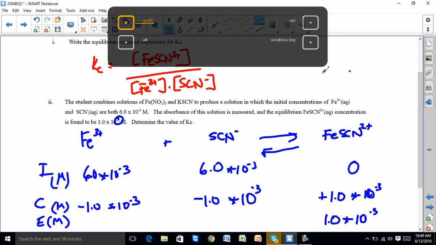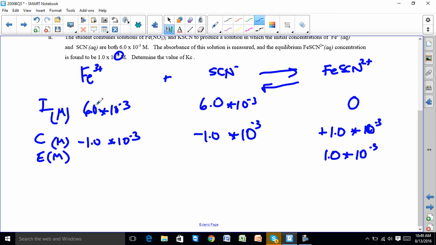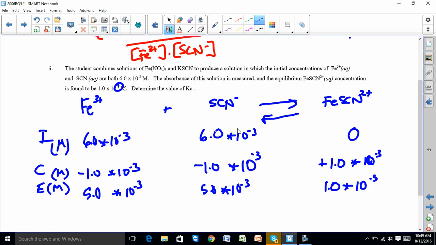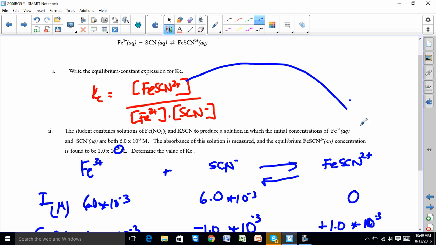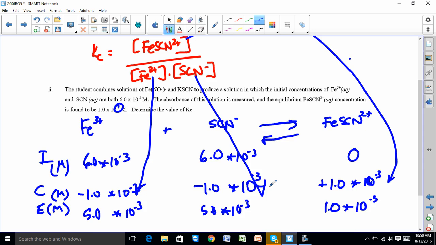All right, now 6 times 10 to the negative 3 minus 1 times 10 to the negative 3 would end up being 5 times 10 to the negative 3. And this would end up being 5 times 10 to the negative 3. And now we're going to go up to this answer below, and then we're going to plug in this for here, and this for here.